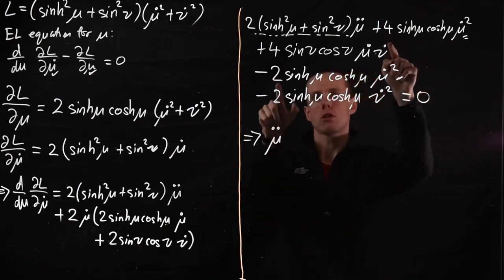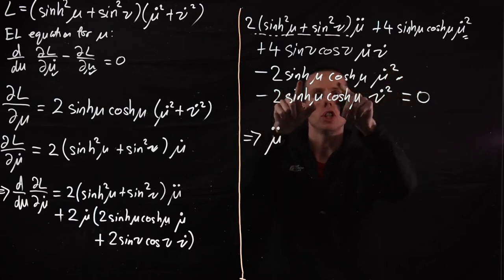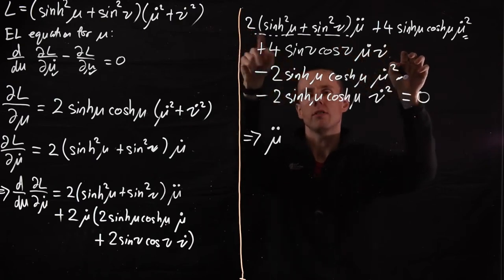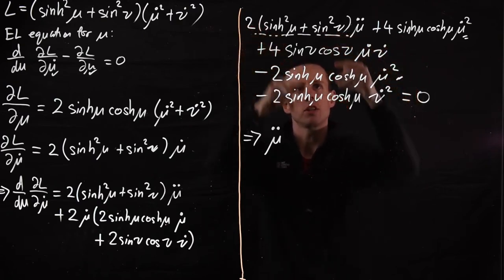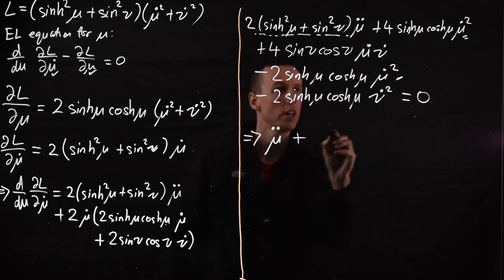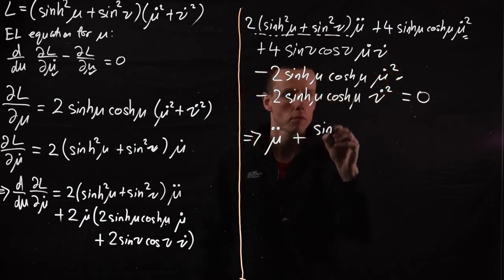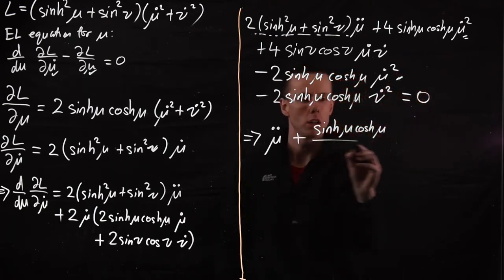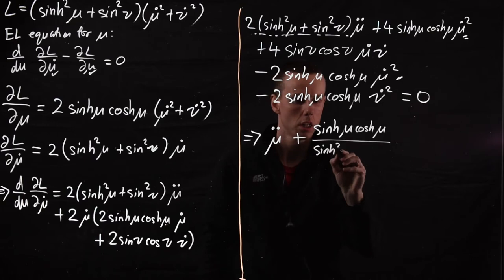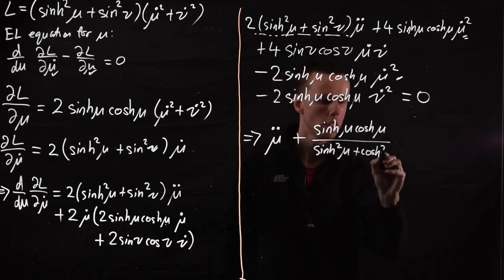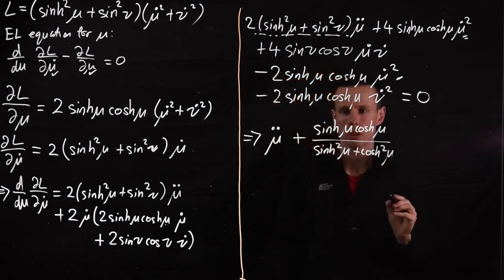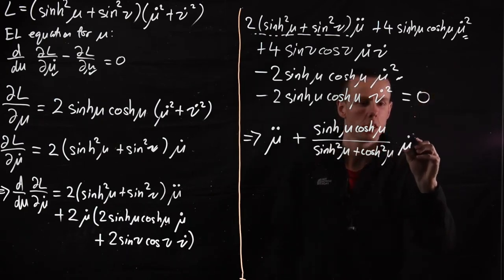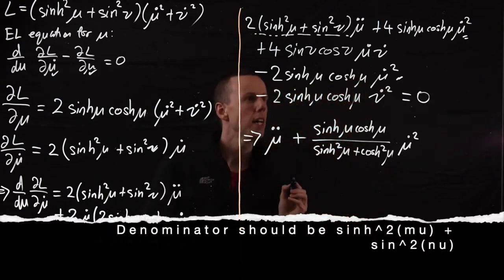So we're going to have 4 minus 2, which is 2, sine mu cos mu from there, and then we divide by this, so divide by 2 gets rid of the 2, and divide by sine squared mu plus cos squared mu, so we will just have plus sine mu cos mu over sine squared mu plus cos squared mu times mu dot squared. Okay, hopefully I've done that right.